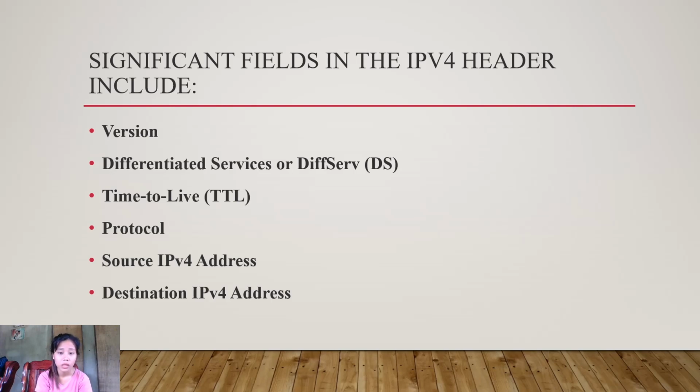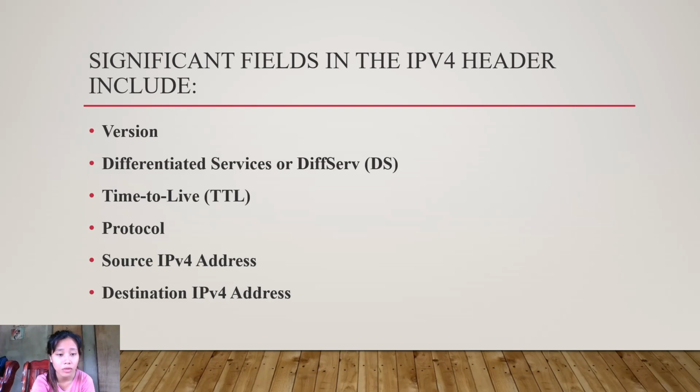The differentiated services, or DiffServ or DS, formerly called the type of service or ToS field, is an 8-bit field used to determine the priority of each packet. The six most significant bits of the DiffServ field are the differentiated services code point, or DSCP, and the last two bits are the explicit congestion notification, or ECN, bits.